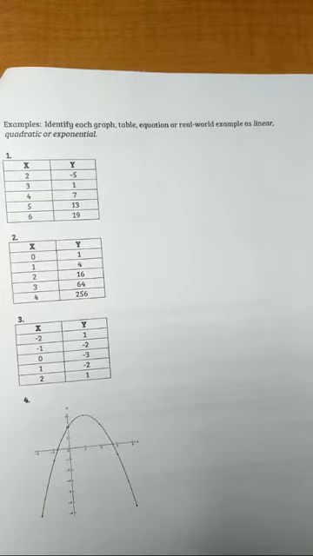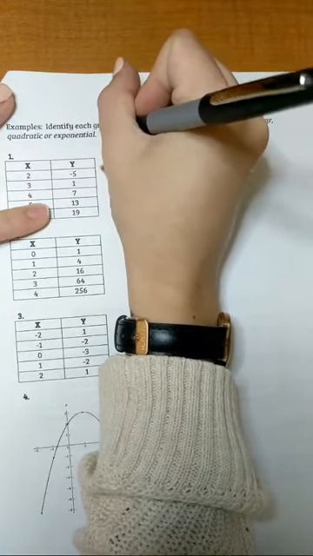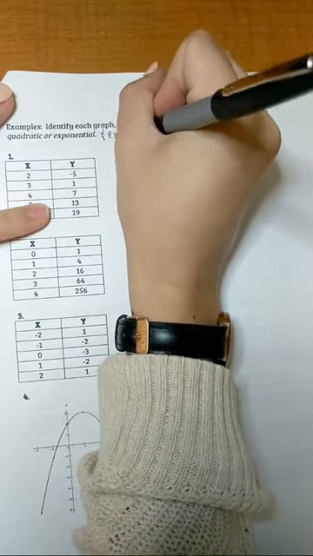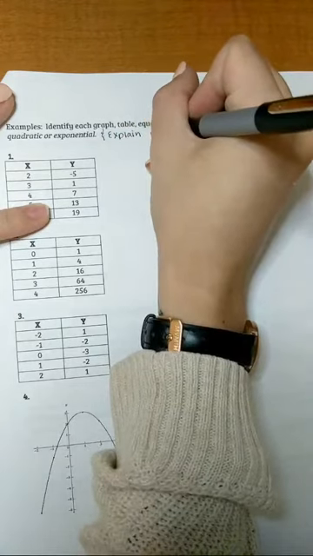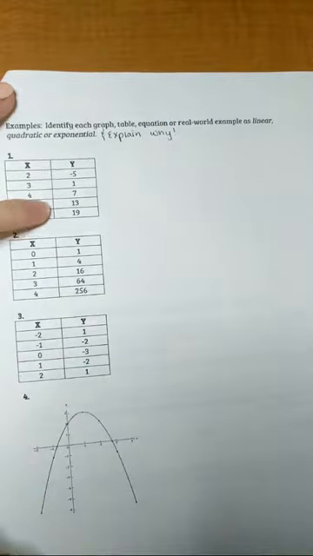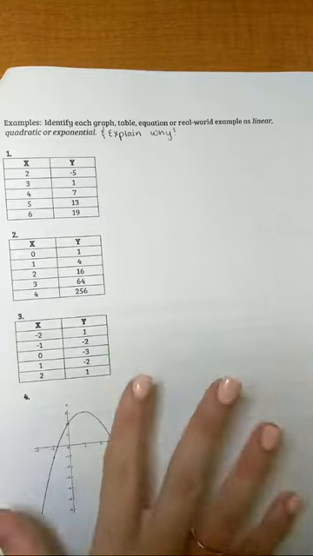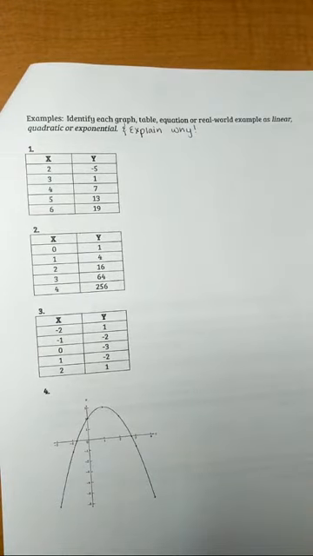And I'm going to want you to explain why. Okay. So, it's easiest to check if they are linear first for tables.